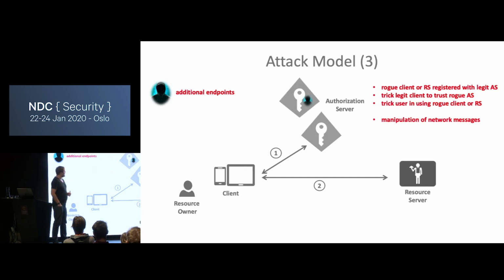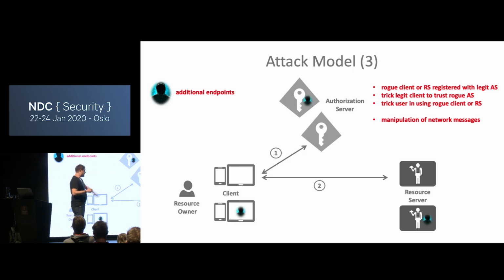Let's move on to something else, which, in my mind, is the battleground of the future. They don't have to compromise anything. They add stuff to your system. For example, a rogue authorization server, or a rogue client, or a rogue resource server. And maybe they even manage to register their rogue resource server with the legitimate authorization server. Or they trick the legitimate client into using the rogue authorization server.